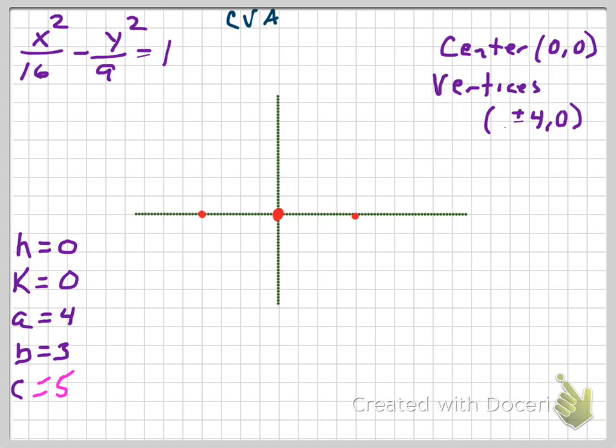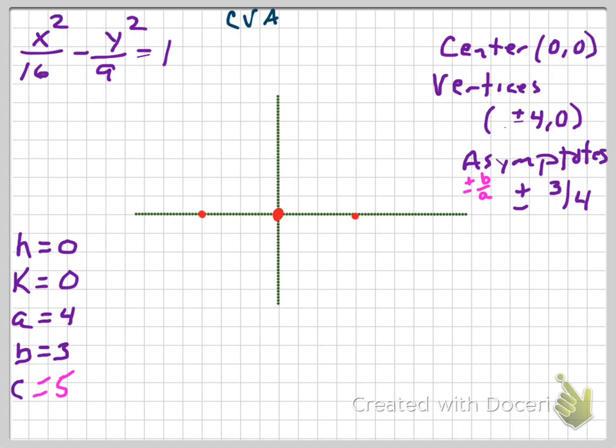To find the asymptotes, we look at our formula sheet. For a horizontal hyperbola, the slopes of the asymptotes are plus or minus b over a. In this particular problem, that is 3/4.